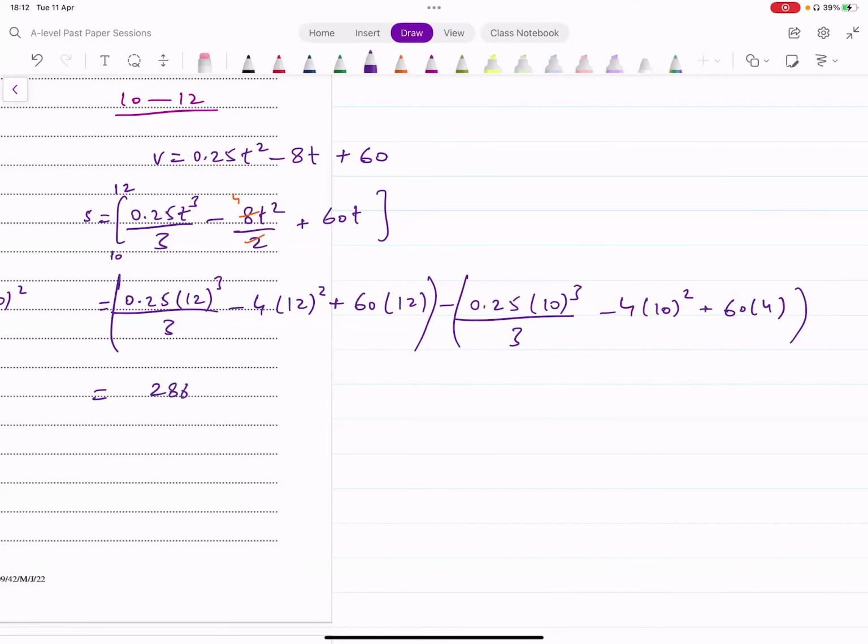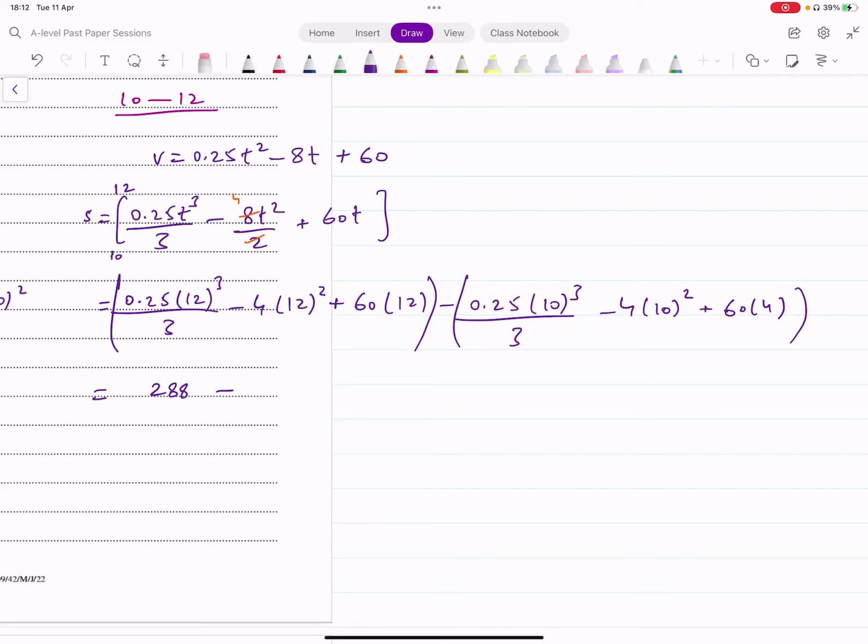Subtract from this that second case, 0.25 into 1000 divided by 3 minus 400 plus 60 into 4. And that turns out to be minus 76.67 for me.